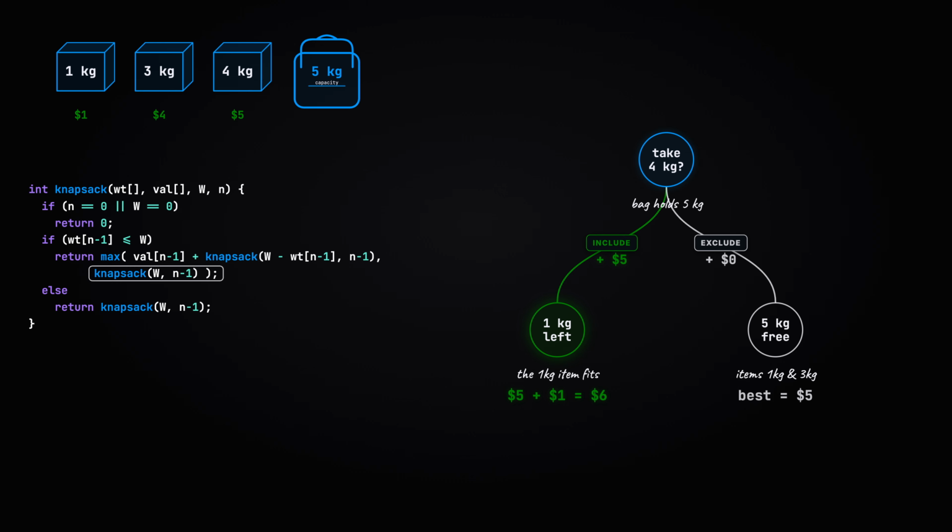Follow the exclude branch. With all 5 kilograms, the best we can do from the smaller items is $5. Now the answers bubble back up. At the top, we compare the 2 paths and keep the larger. 6 versus 5. The maximum is $6. Include the 4 kilogram item plus the 1 kilogram item. That is the recursion, running.